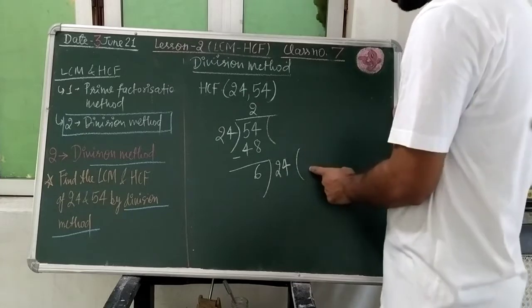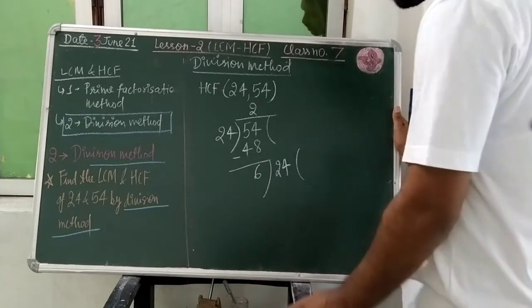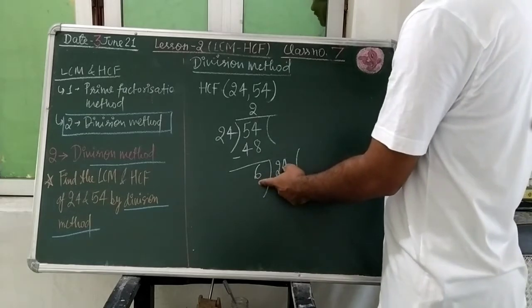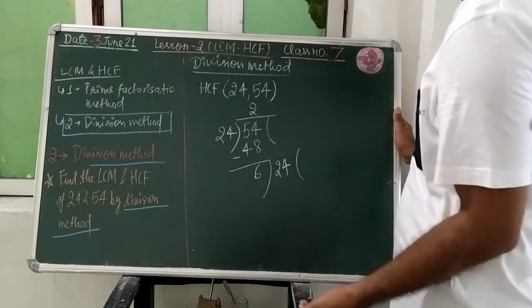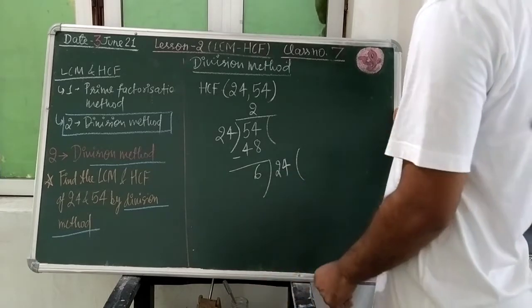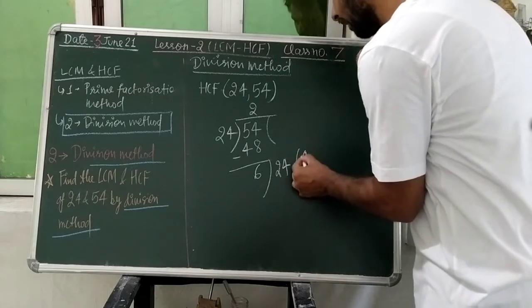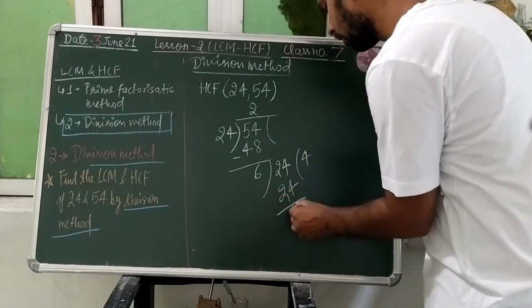That was one step, and now the second step starts. How many times will 6 go into 24, students? 6 1 is 6, 6 2 is 12, 6 3 is 18, 6 4 is 24. It will go 4 times and divide 24 completely.